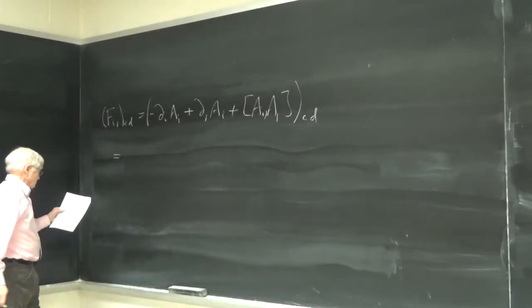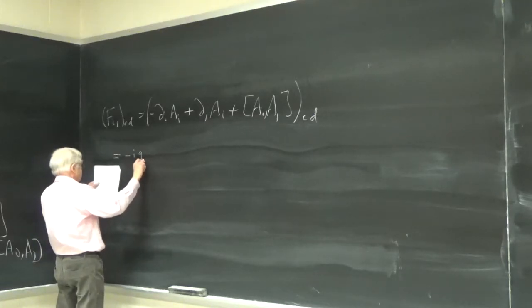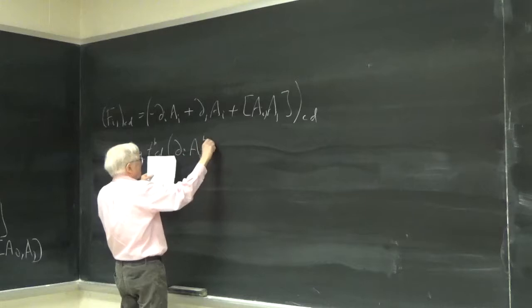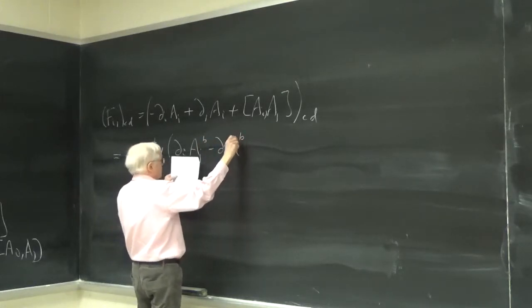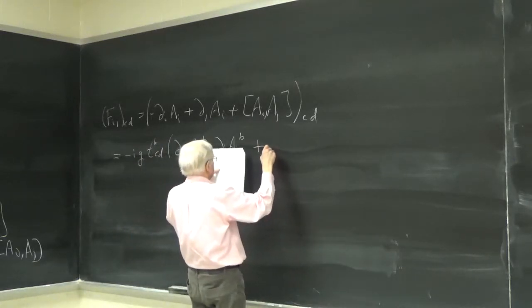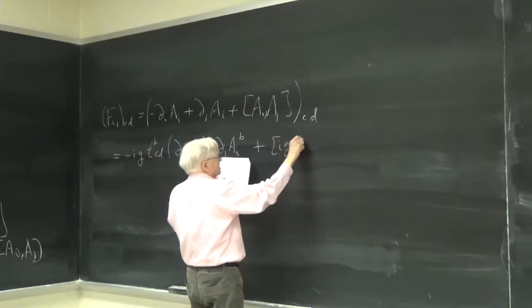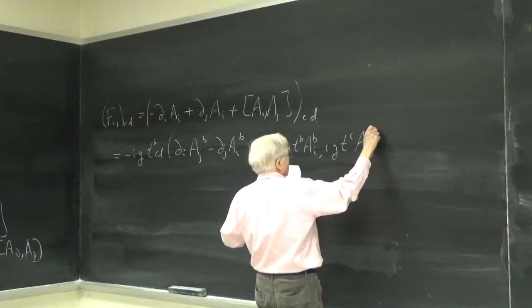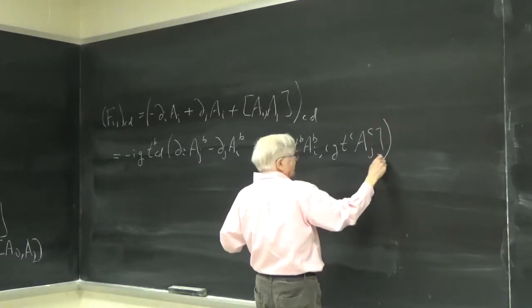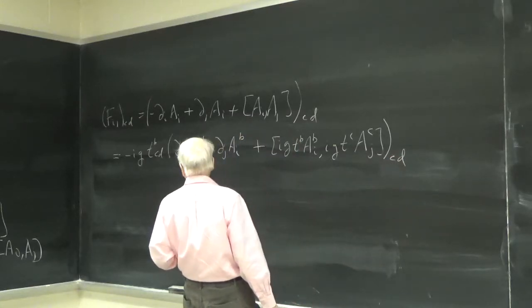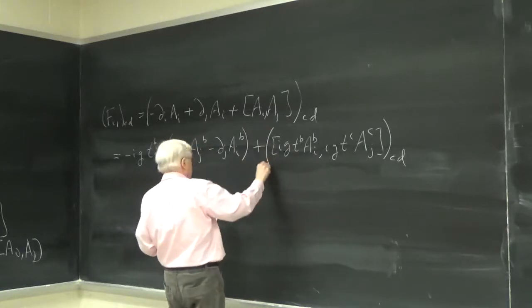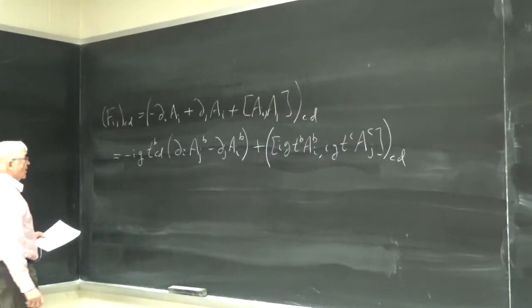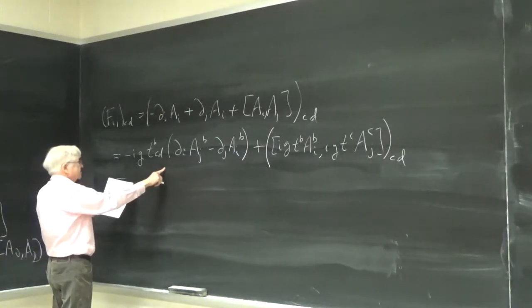And this turns out to be minus iG T^B_CD times D_i A_j^B minus D_j A_i^B plus this commutator, which is iG T^B A^B_i iG T^C A^C_j, all of that CD, and okay, that's where the parentheses go.